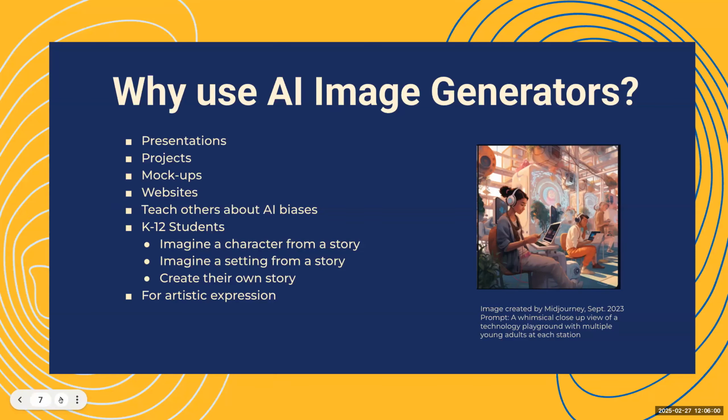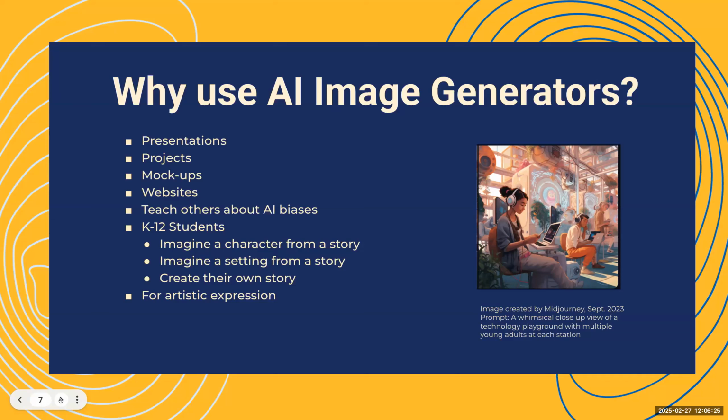So when I create my images, I get more of what I want using an AI image generator. Projects, students are using them for projects that they do. Mock-ups, we've seen people come in and talk about using them for mock-ups of ideas that they have for projects or games. Websites.